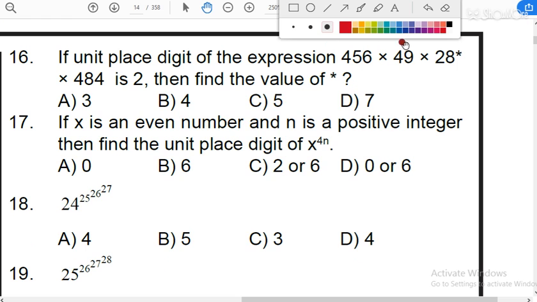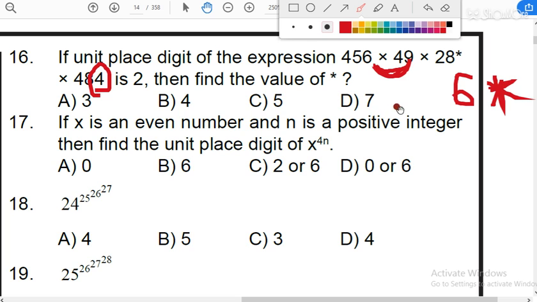If the unit place of the expression is this one, the expression is star, so I have to find the value of star. Students, you can see 6 4s are 24... 9 into 6 is 54, so it will give me 4 as unit place, 4 into 4 is 16, so at the end I am getting 6, and I have to multiply it with star so that I can get the unit place as 2.